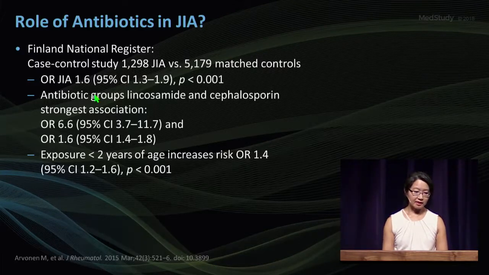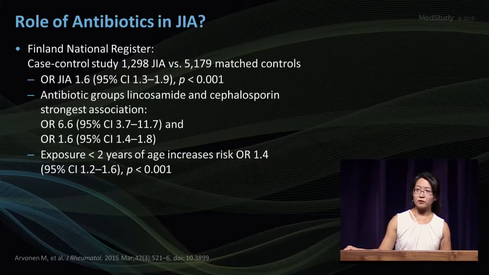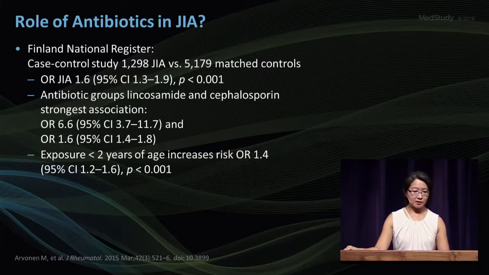The strongest antibiotic association is with lincosamides, or clindamycin, as well as cephalosporin. Lincosamides, odds ratio here is 6.6 for the risk of developing JIA. Cephalosporin's is 1.6. And exposure when the child's under 2 years of age increases the risk by an odds ratio of 1.4. So this is another reason why you want to use antibiotics sparingly.